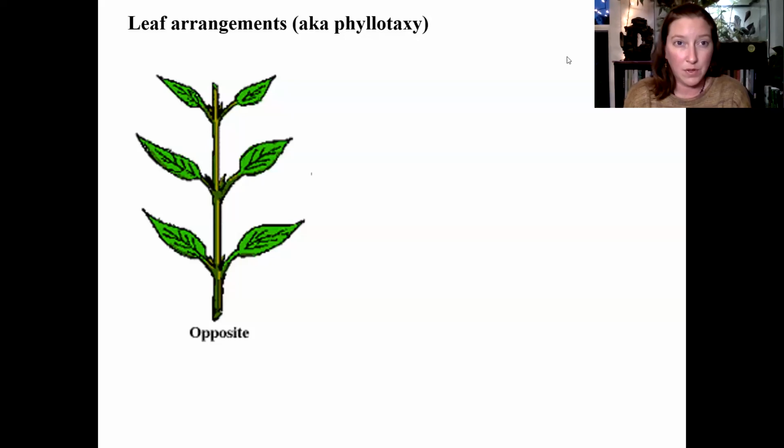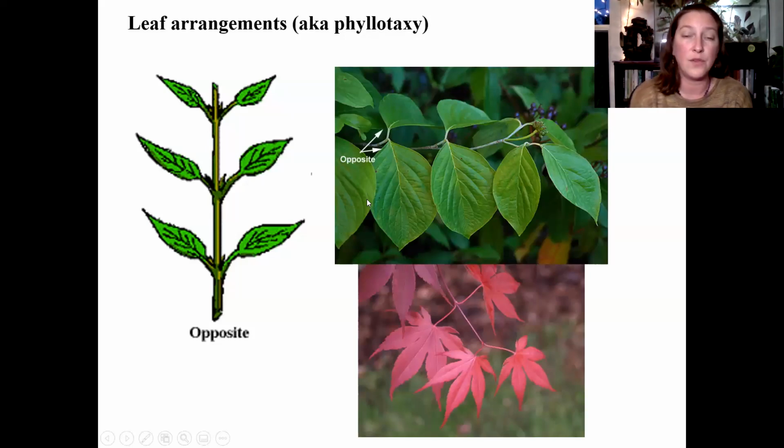So here's one example of a leaf arrangement or phyllotaxy. This is opposite arrangement. So here the leaves on the stem are located directly opposite one another, like right next to one another, like this. And if you were to look at it in a real life plant, you can see it clearly, the leaves are opposite. So here's a leaf.